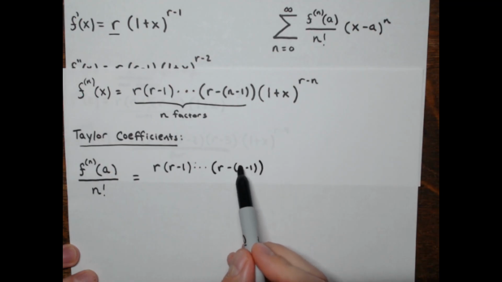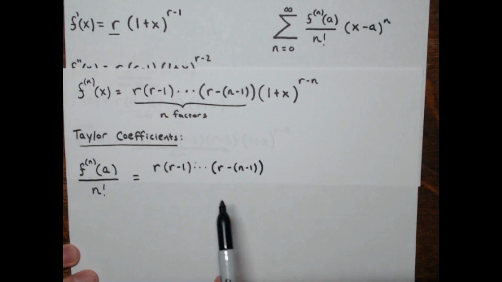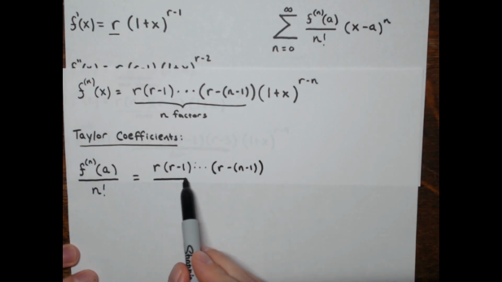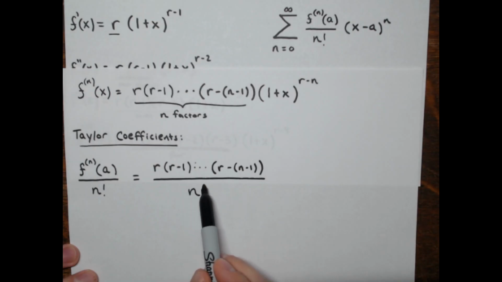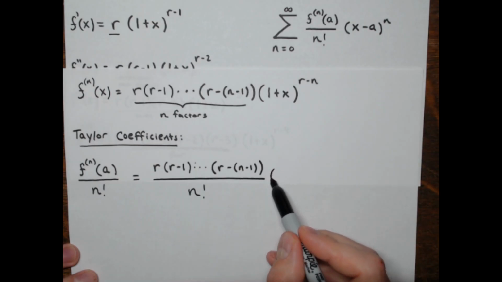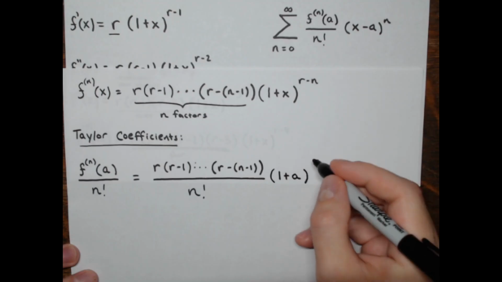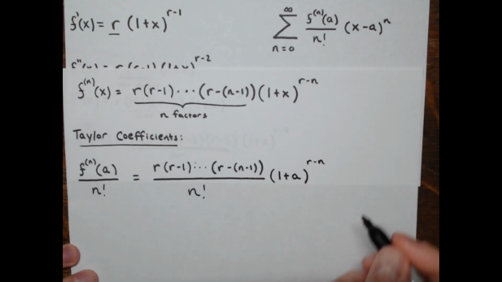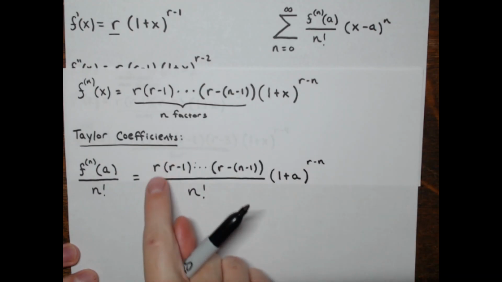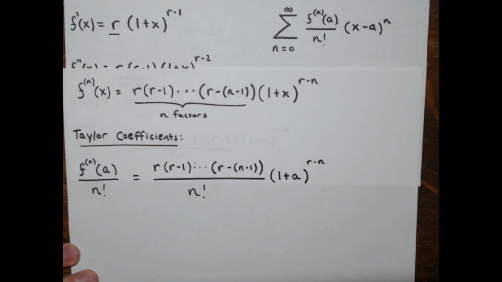Now, if you want to distribute the negative here, that's the same as r minus n plus 1. This is getting divided by n factorial, and then we have times 1 plus a to the r minus n power. So this is what all the coefficients look like.